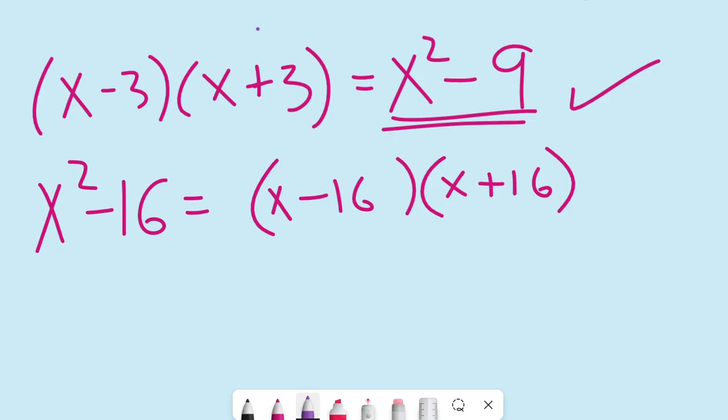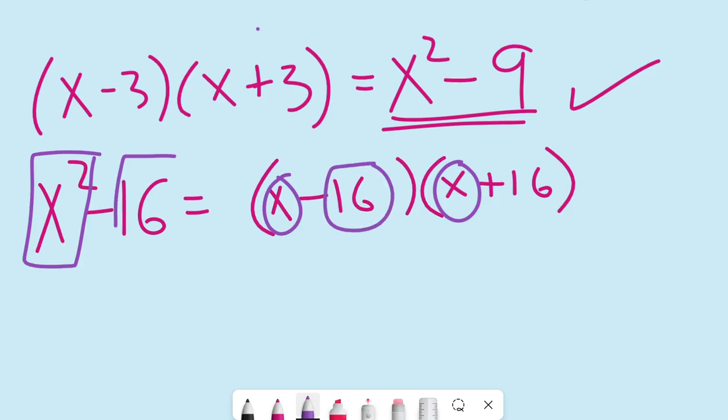Because I need something times something to give me x squared, and then something times something to give me 16. So what is that? What times what will give us 16? Aha, 4 times 4 will give us 16.